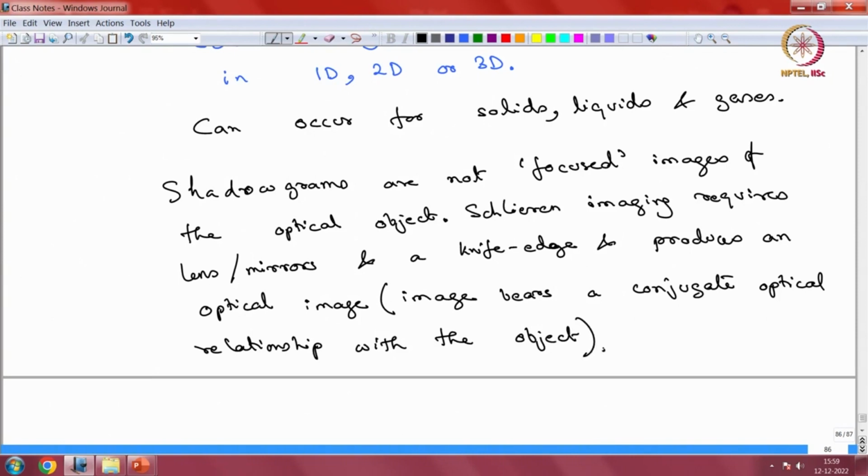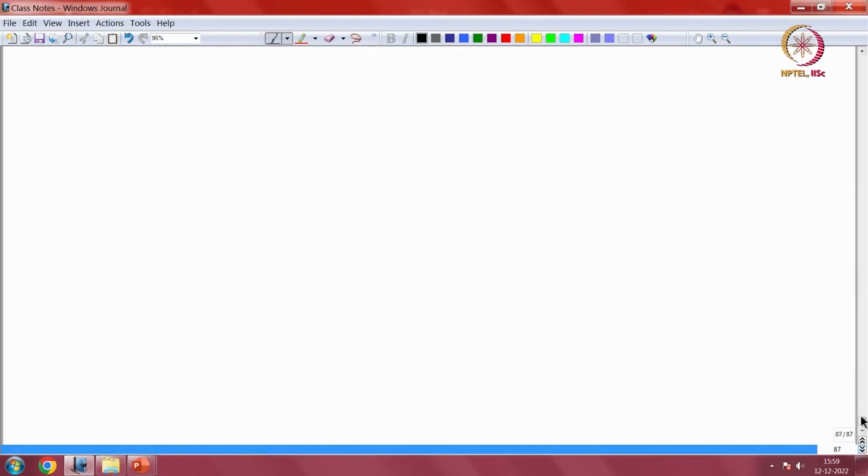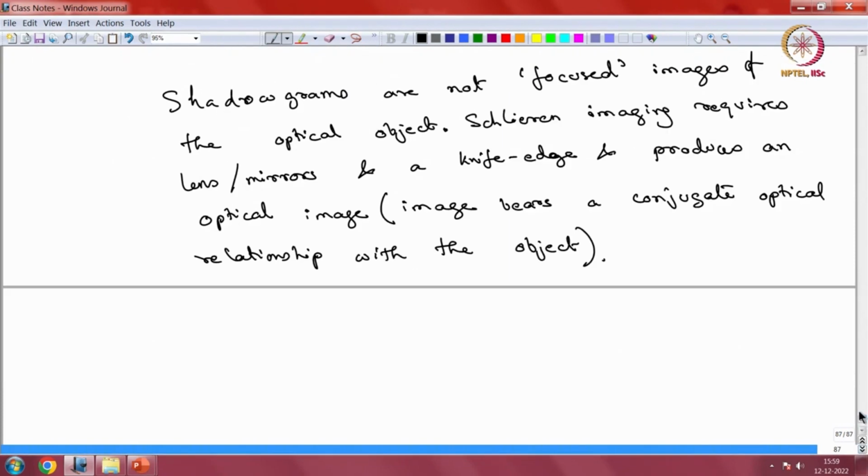Okay. So that is why Schlieren imaging is often very much preferred over shadowgraphy.